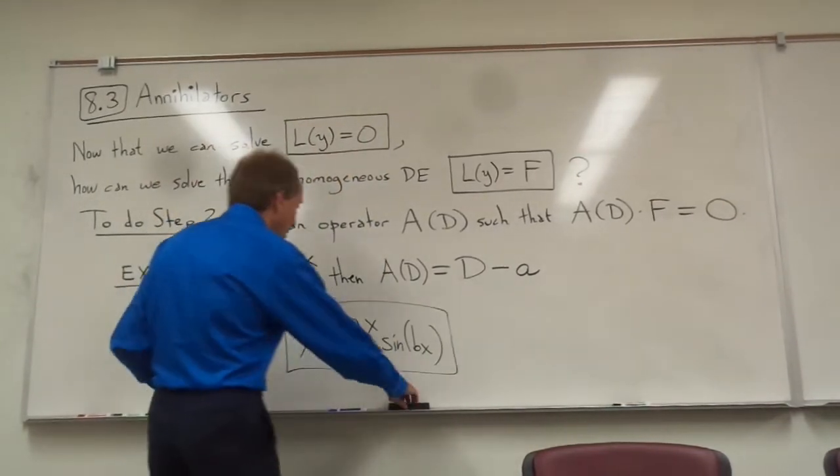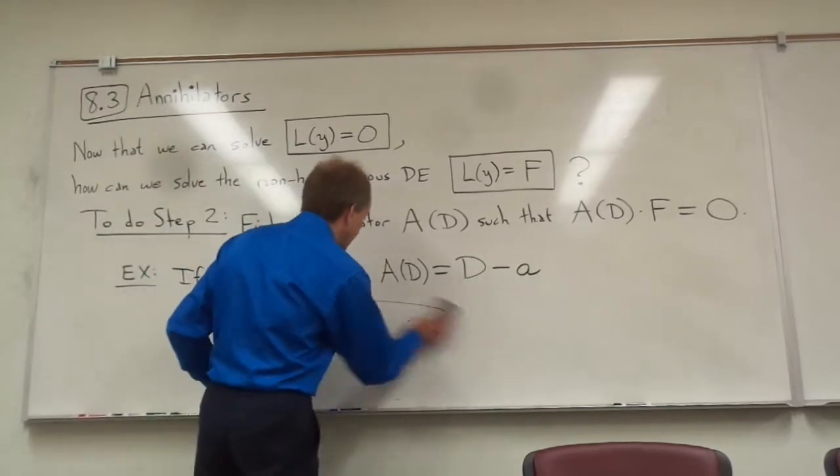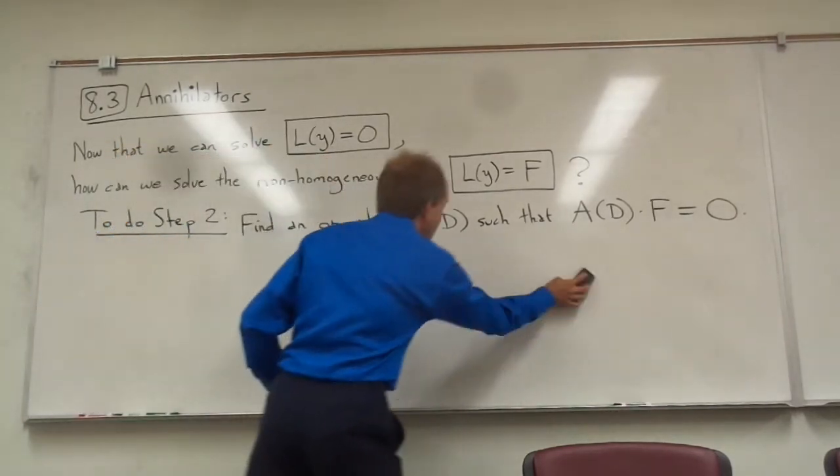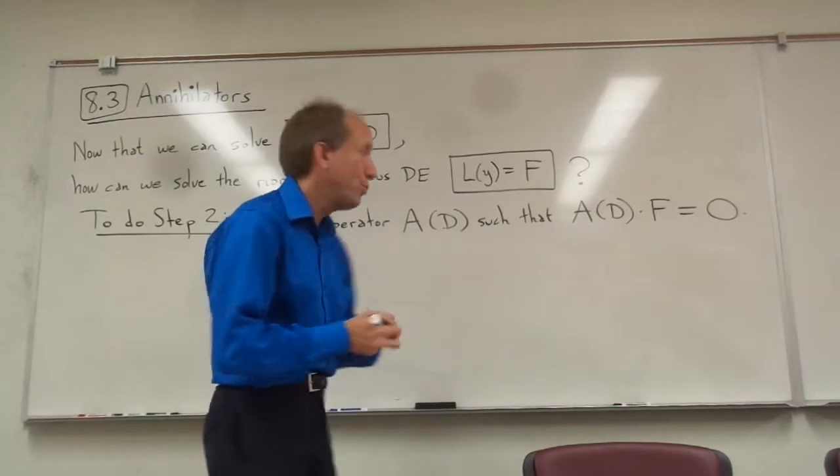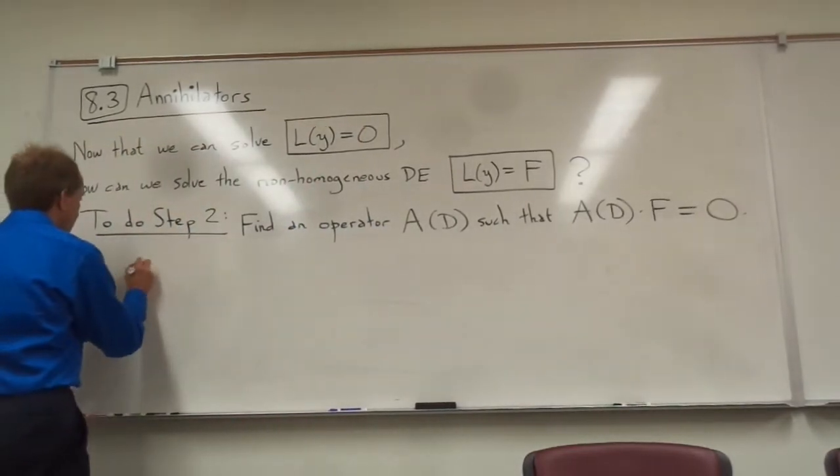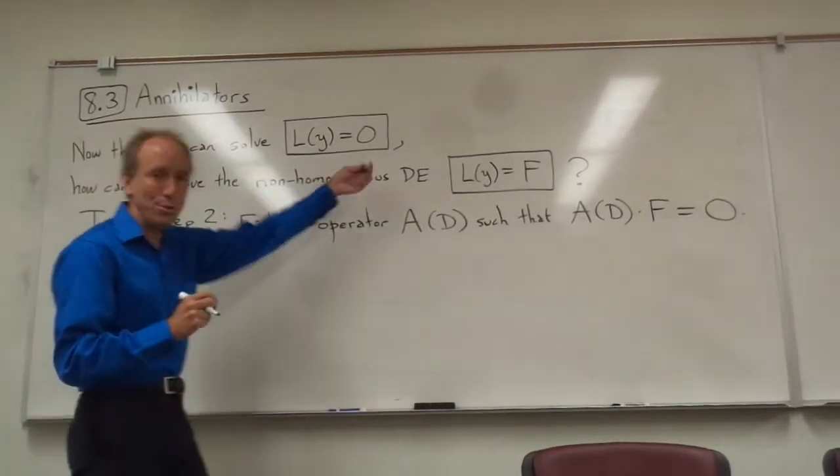Okay? The other thing I wanted to mention is that if you have a sum of two functions, one last thing here, and then we're going to see how this can be used to do step 2.